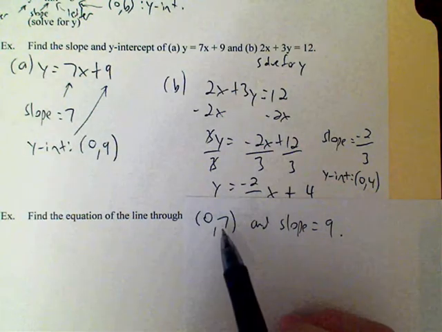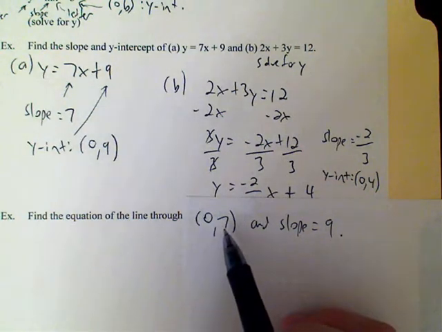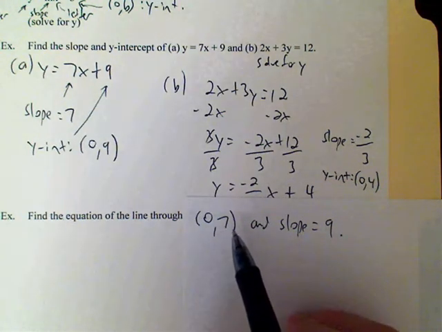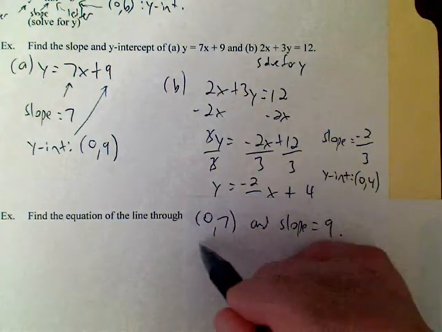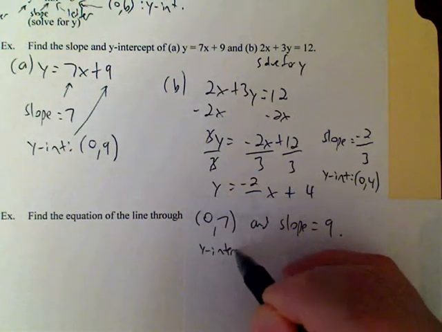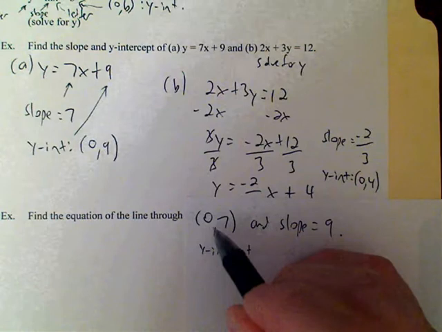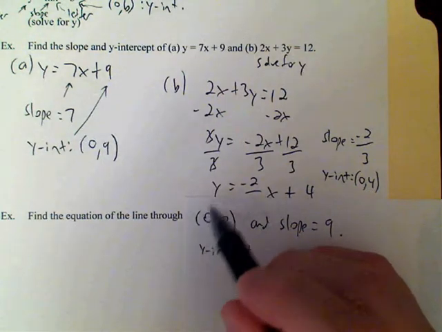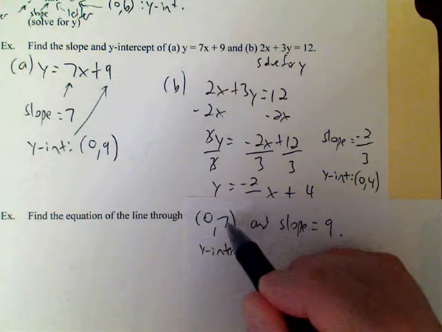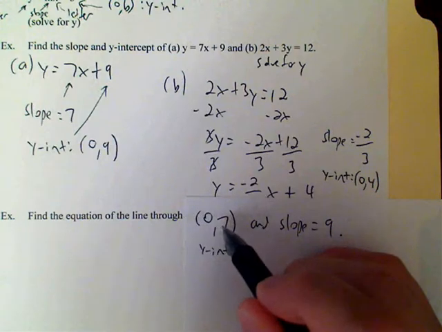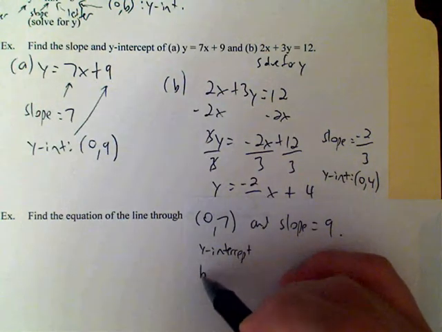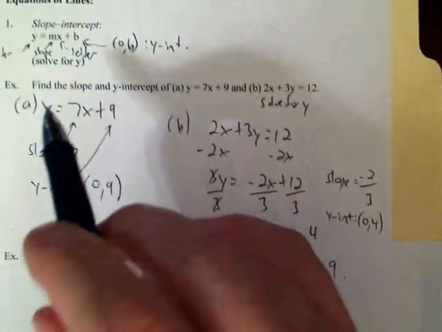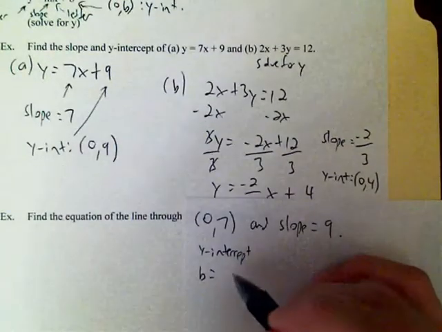This point, if you were to plot it, would be on the y-axis, which means it's our y-intercept. Anytime you have x equals 0, this is a y-intercept because it's on the y-axis, which means that our b value in slope-intercept is 7.